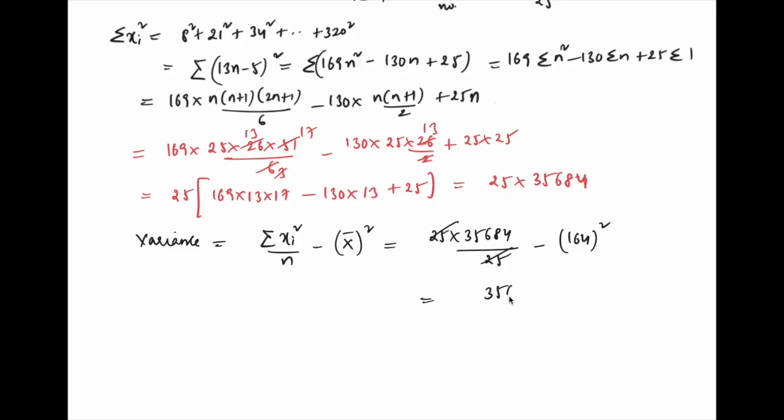So we can get 35,684 minus 164 square value, which is 26,896. So after calculation you will get 8,788. So we can say that 8788 is the variance.